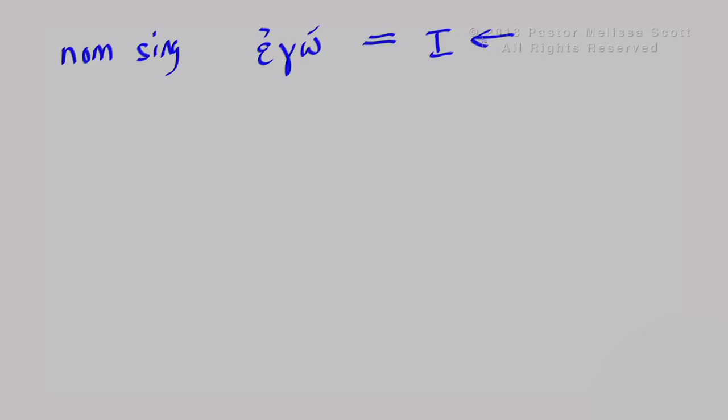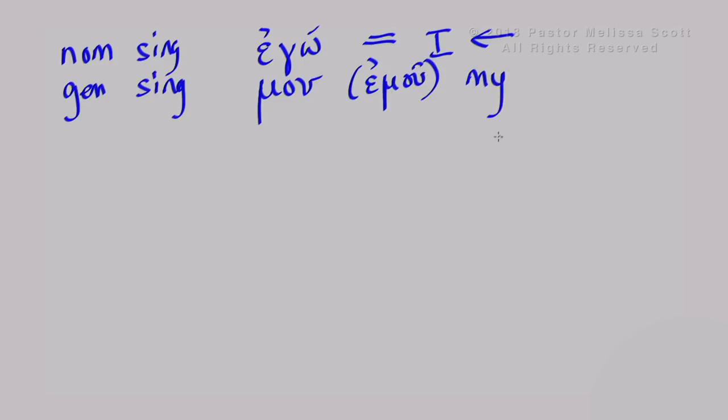English, I. Ego, I. Genitive, singular. These are all pretty easy. Mu, or you might read it sometimes as emu. My.